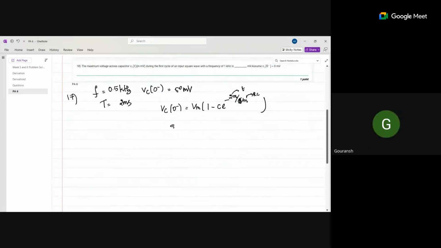Here they have given us 50. Vm is 100 milli. So 50 equals 100 times 1 minus C e to the power of minus 1. Is it 1? Yes, ma'am, because it was 2 milliseconds upon 2 milliseconds.